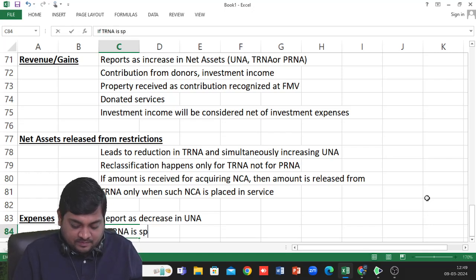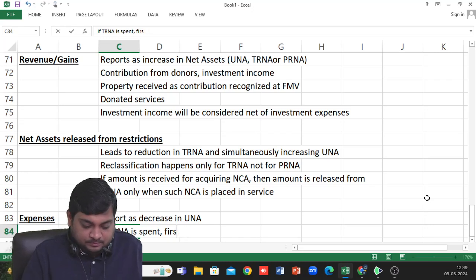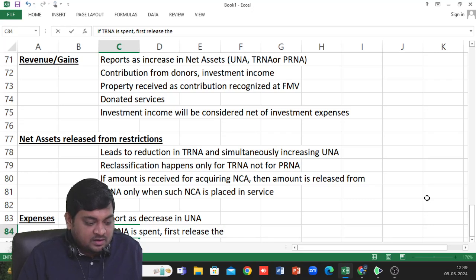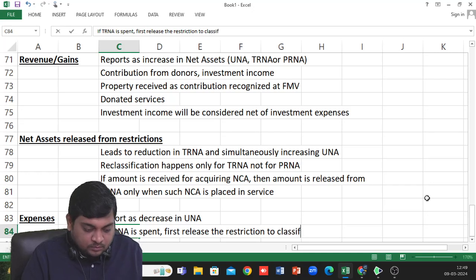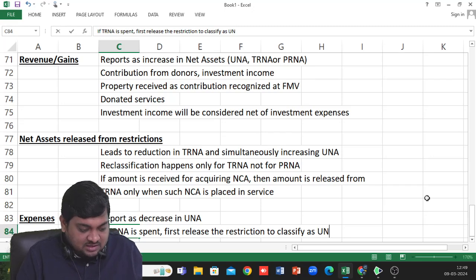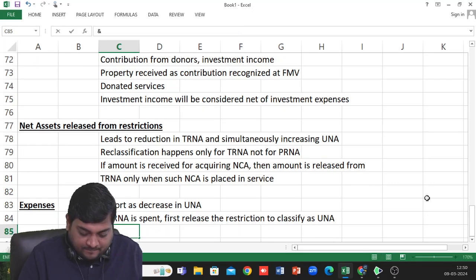If TRNA is spent, first release the restriction, classify as UNA, and then decrease UNA.